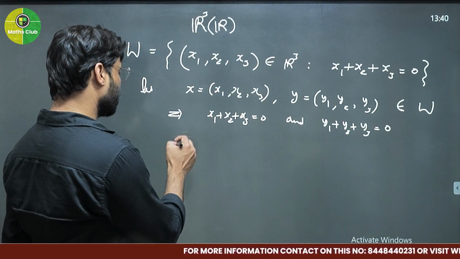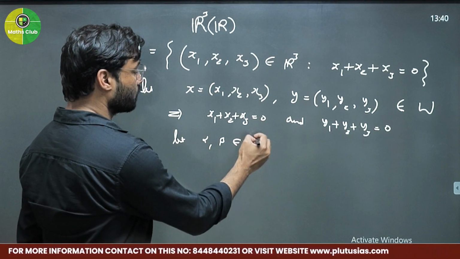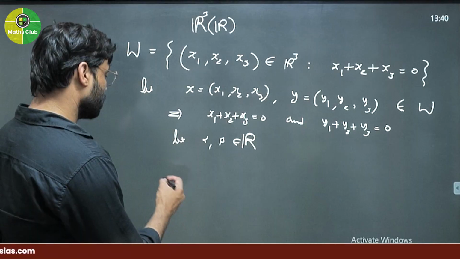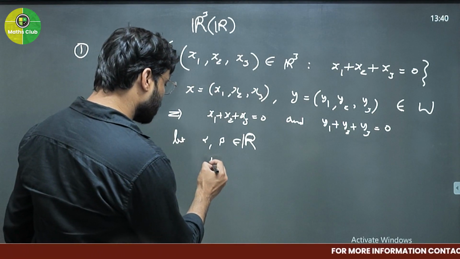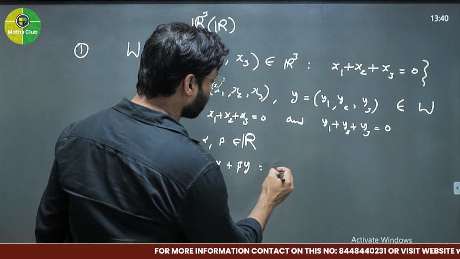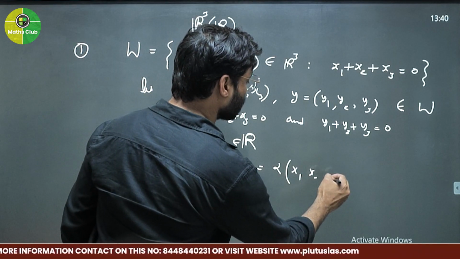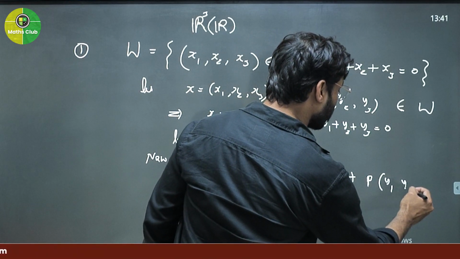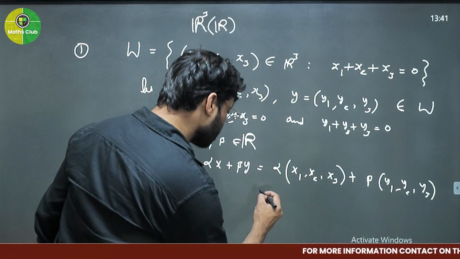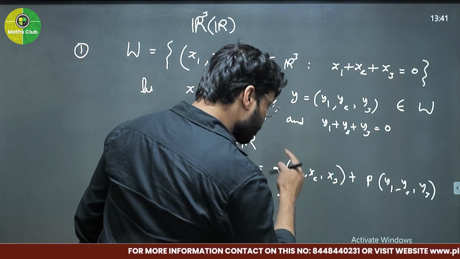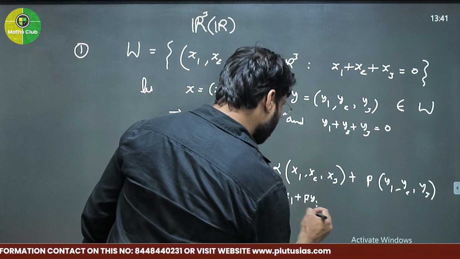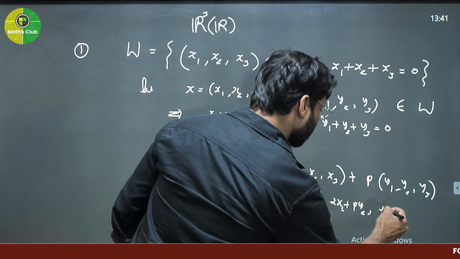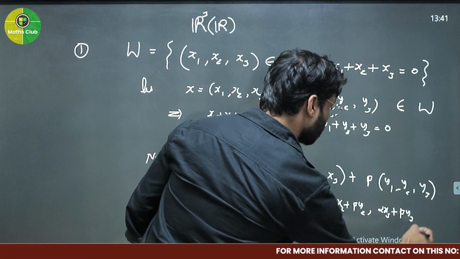Now let alpha, beta belong to F, which here means R, as over the field R. Now just calculate alpha x plus beta y, which equals alpha times (x1, x2, x3) plus beta times (y1, y2, y3), equal to (alpha x1 plus beta y1, alpha x2 plus beta y2, alpha x3 plus beta y3).